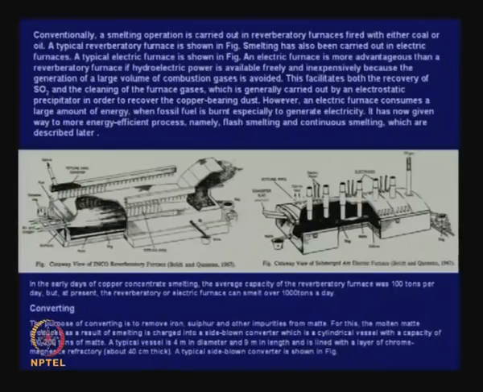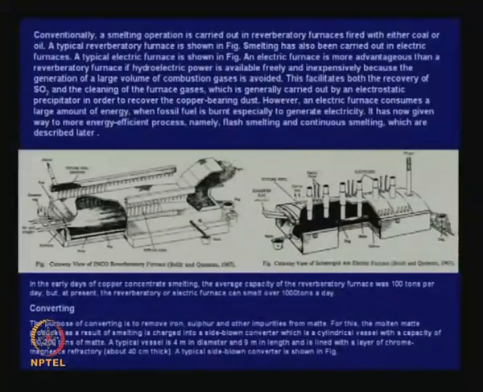So, if the electricity for the submerged arc is coming from a thermal power plant, then you are not generating CO2 here, but you are generating CO2 elsewhere where the thermal power plant is located. If it is hydroelectricity, this problem is not there.